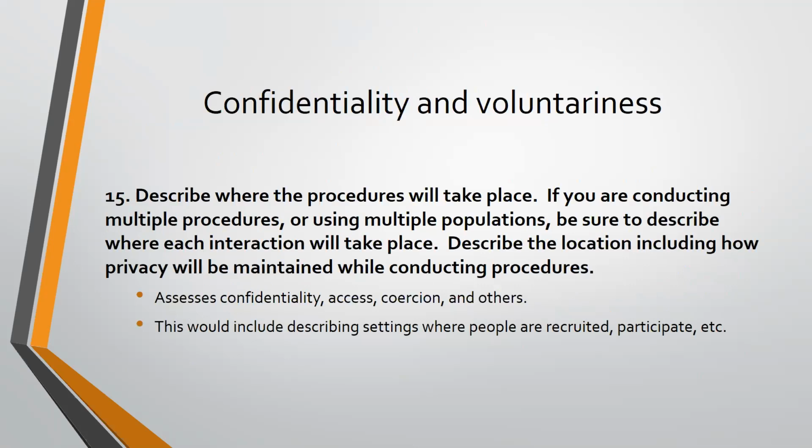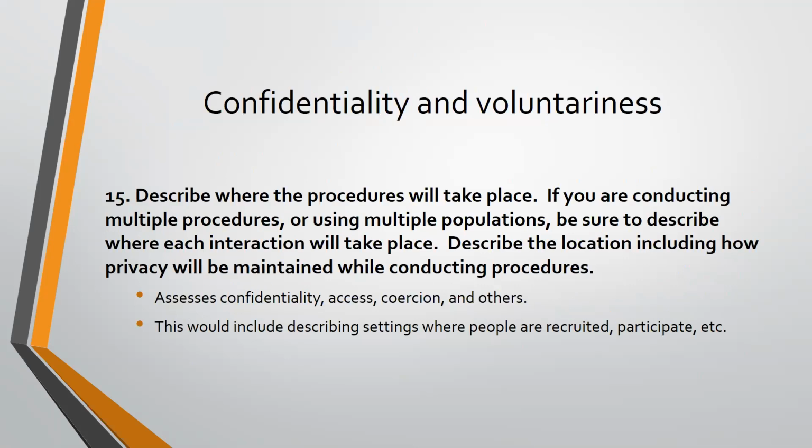In number 15, you need to describe where the procedures will take place. Not everyone went into very specific detail about this aspect in their procedure, so if you didn't, then you need to go into it here. If you're conducting multiple procedures or there are multiple steps or multiple populations, you need to describe all of the places, okay? So if they're coming in to take a questionnaire, you need to say that.